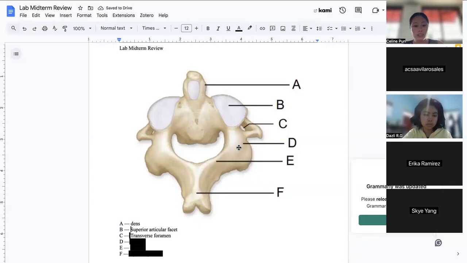D is, what is this part of the vertebrae called? This is the pedicle.